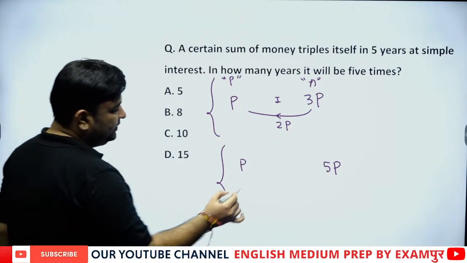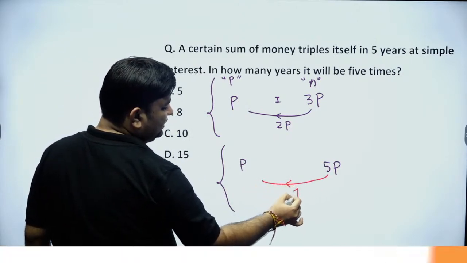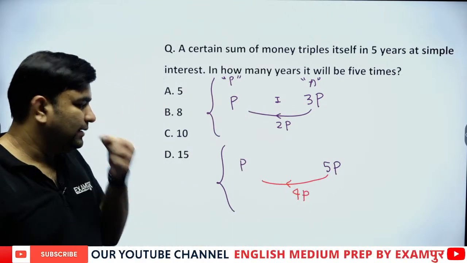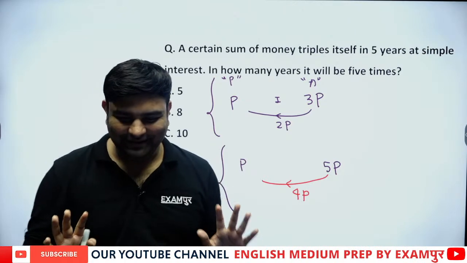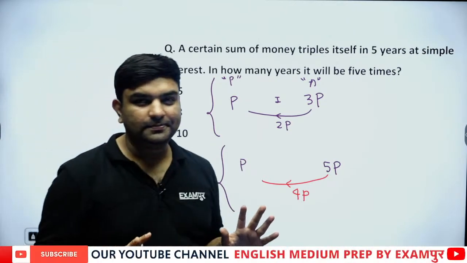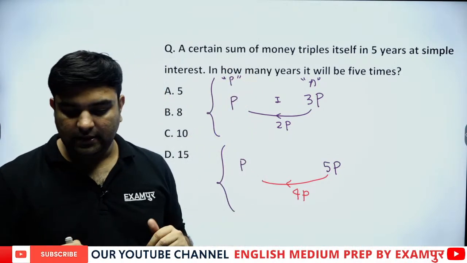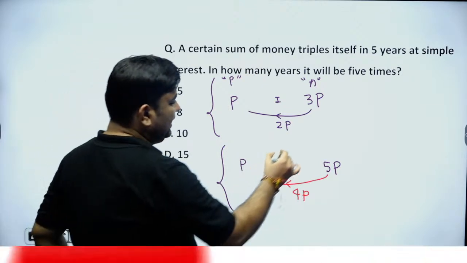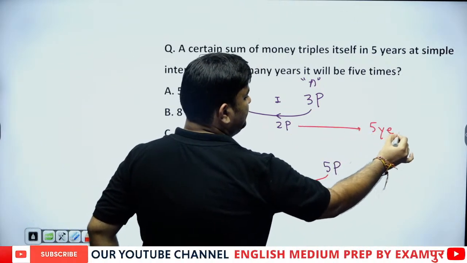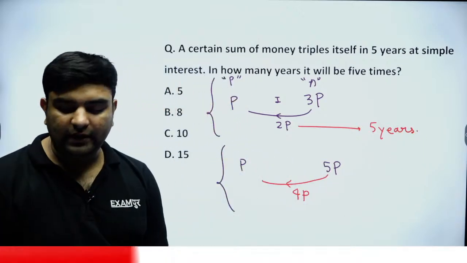You will say, sir, now there is an interest of 4P, 5P minus P. Clear? Now, high concentration. If you are getting 2P interest in 5 years, simple interest for every year is equal, right?